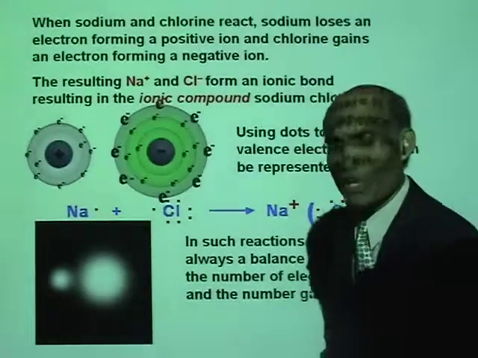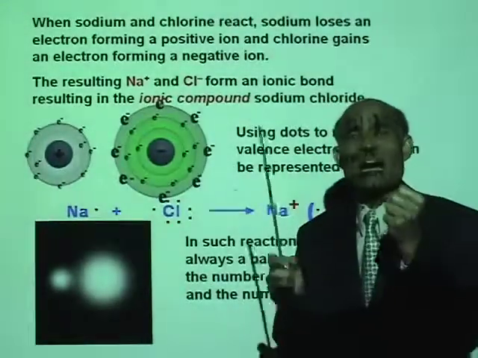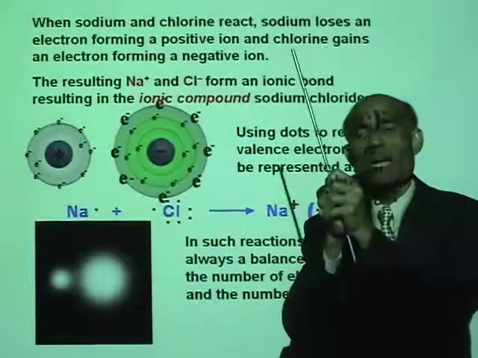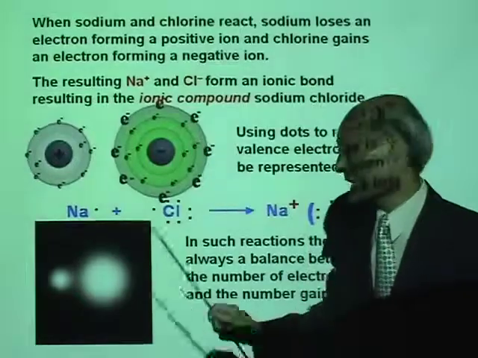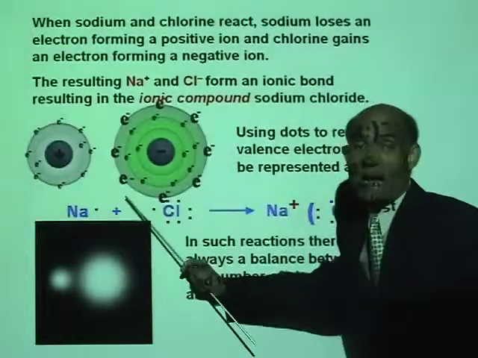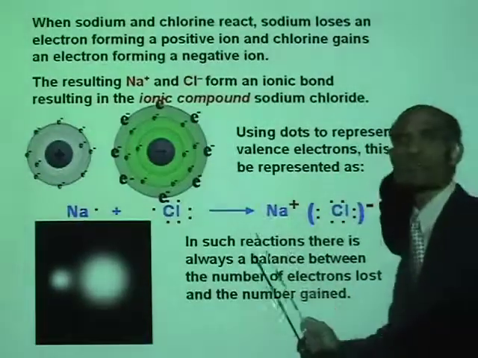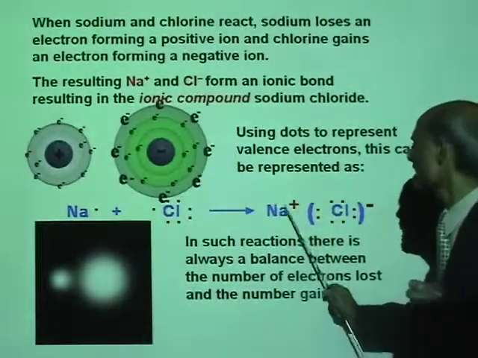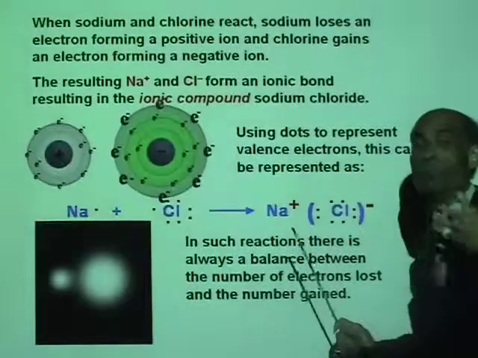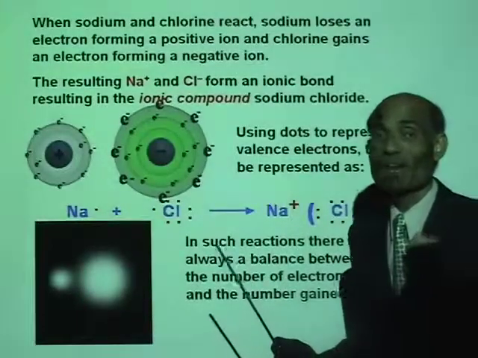Now very often when atoms are combined to form a unit, we call it a molecule. But when ions combine like this, we generally don't call it a molecule. So this is actually not a molecule of sodium chloride.